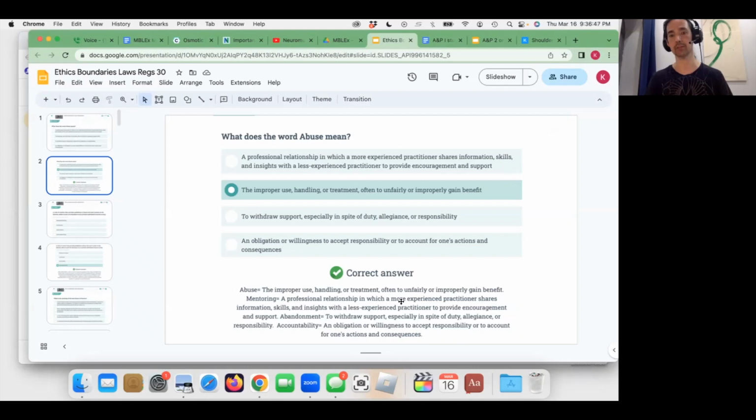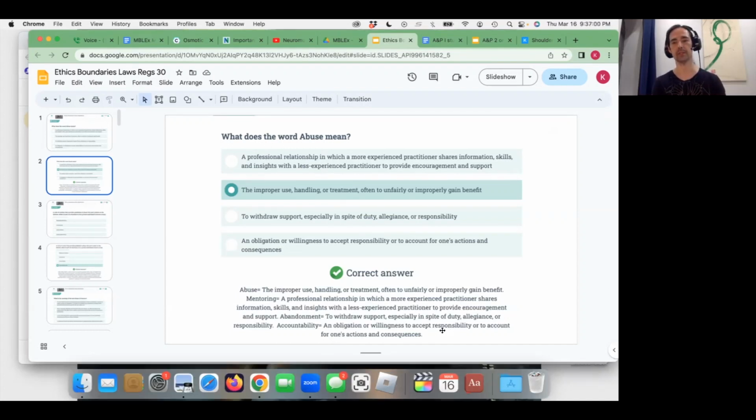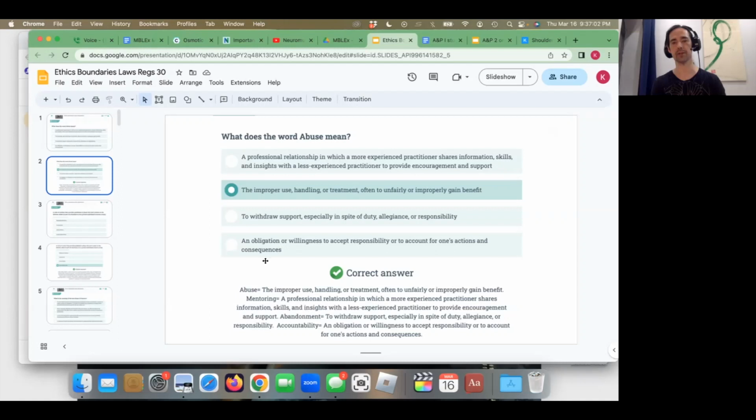Mentoring is the professional relationship in which a more experienced practitioner shares with a less experienced practitioner. Withdrawing support, especially in spite of duty or allegiance, is called abandonment. That's a legal term. Accountability is an obligation or willingness to accept responsibility or account for one's actions and consequences.